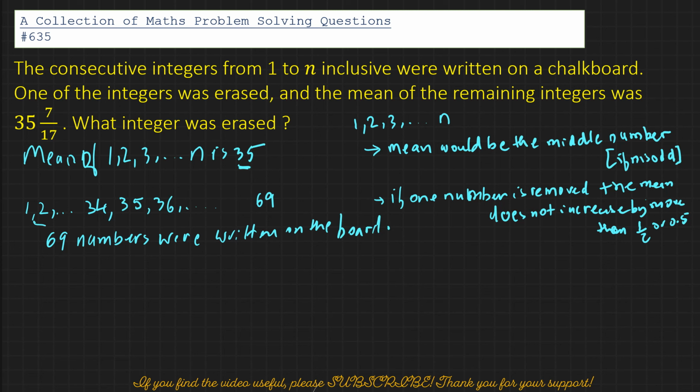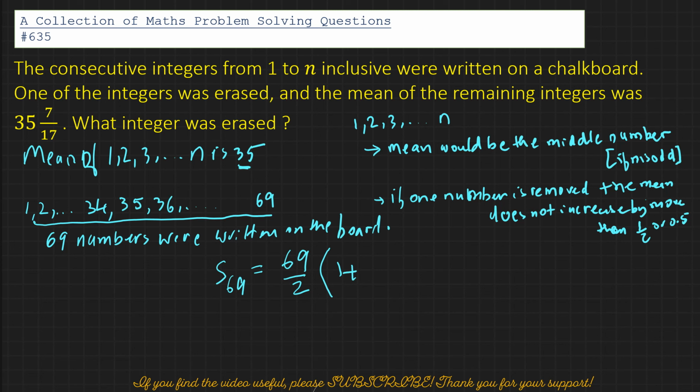Okay, so if there were 69 numbers written, now we can work out that the average of 69 numbers will be 35, because the sum of 69 numbers is 69 divided by 2 multiplied by first term plus last term.